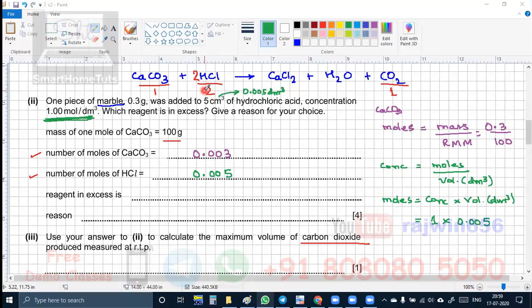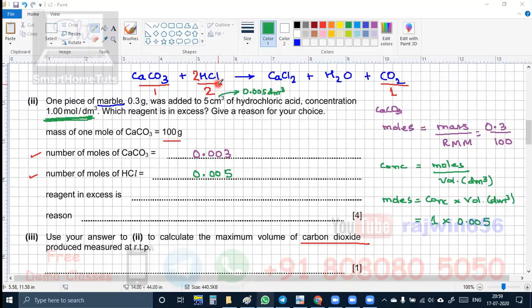This ratio is 1:2, so it should be 0.006. I'm simply supposed to double it. 0.003 will require 0.006 moles of HCl.